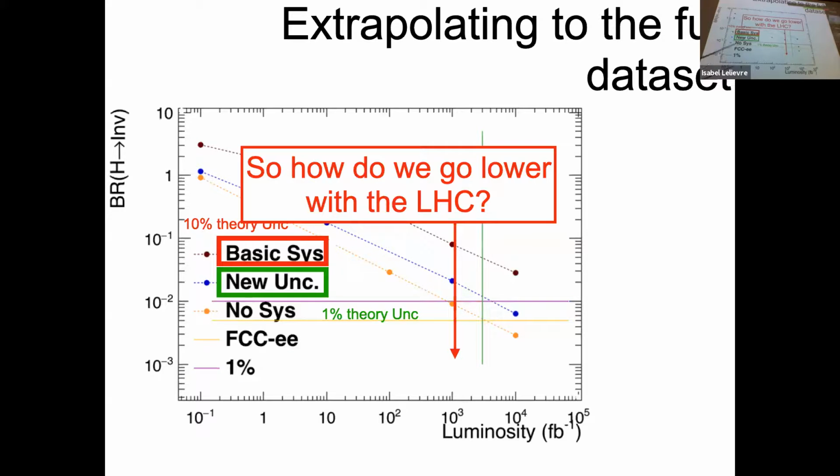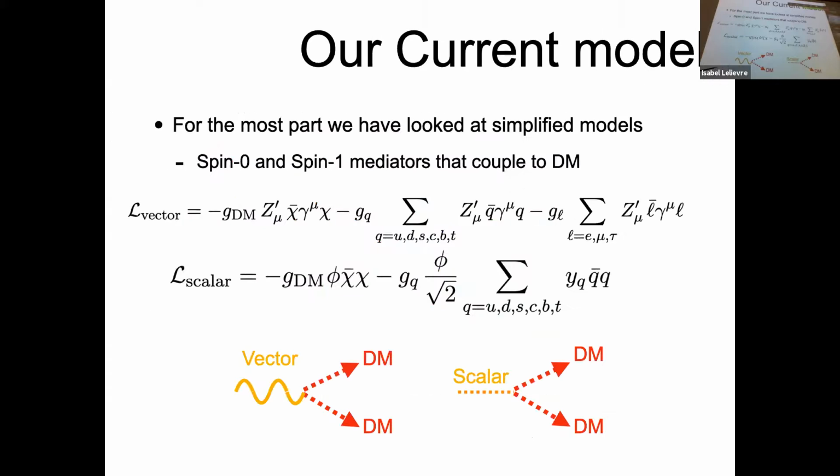So how can we get below 1% at the LHC? Well, the idea is to make dark matter more complicated. And so far, I really haven't done anything with the dark matter. The past 3 or 4 talks have all been with the assumption that dark matter is just some stable particle that decays from a mediator that interacts.